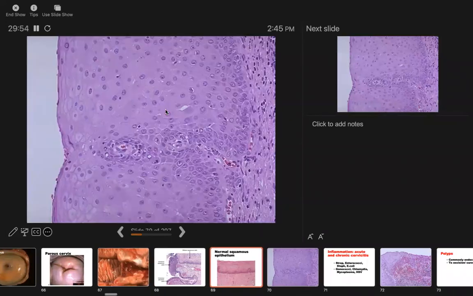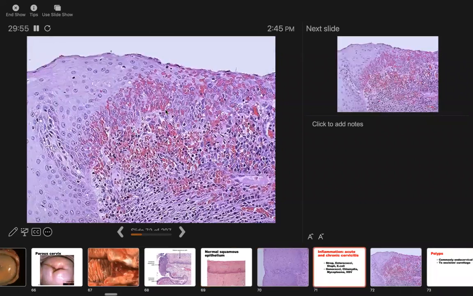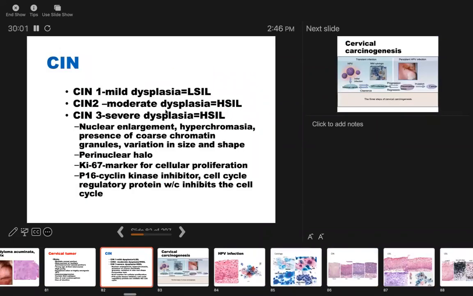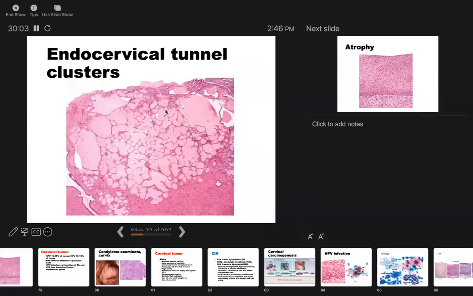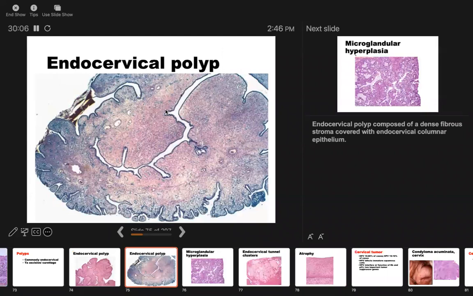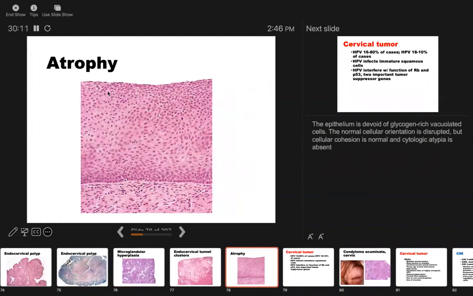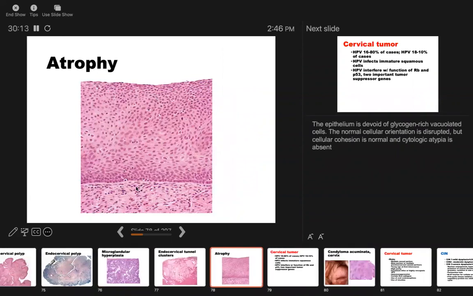On the other hand, in an atrophic cervix, the maturation is lost, and you will actually see full thickness with nuclei. However, mind that you should not see atypia. Why am I emphasizing that? Because a little later, I'm going to talk about cervical intraepithelial neoplasia.